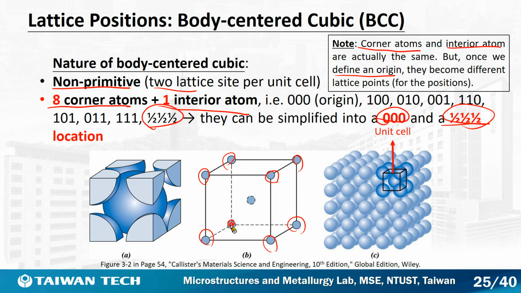Once we have an origin, we can classify them into two: one is corner atoms, the other is interior.